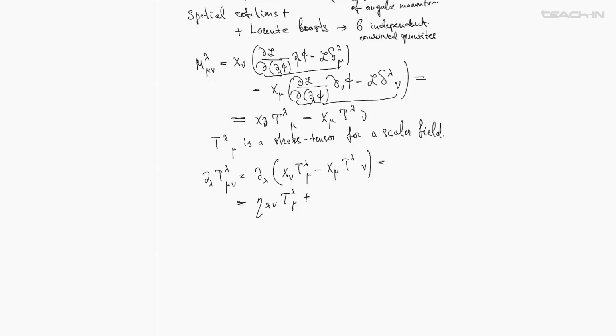This is a differentiation of this product, minus η^λμ T^{λν} minus x^μ ∂_λ T^{λν}. And you see, due to the conservation of a stress tensor, these two terms vanish.